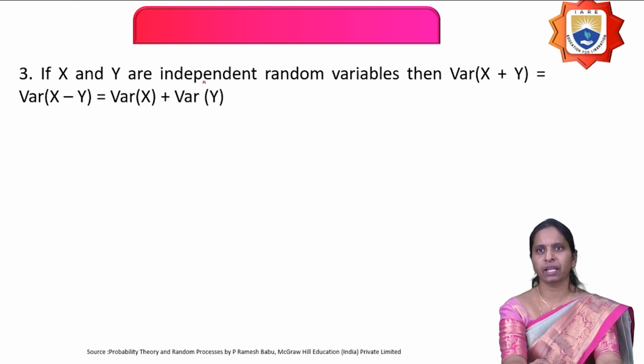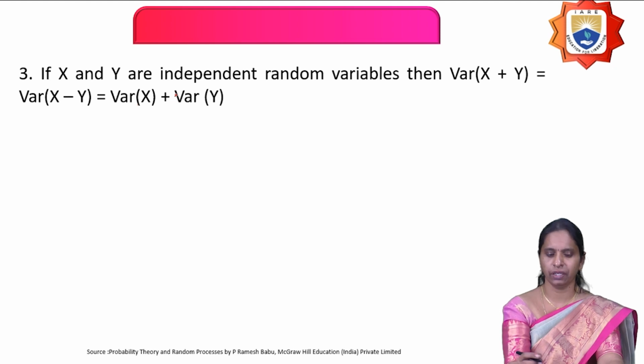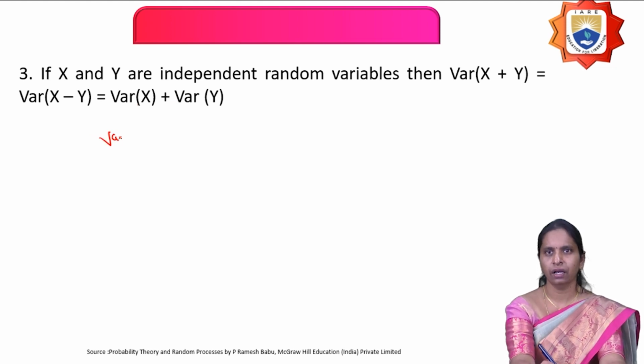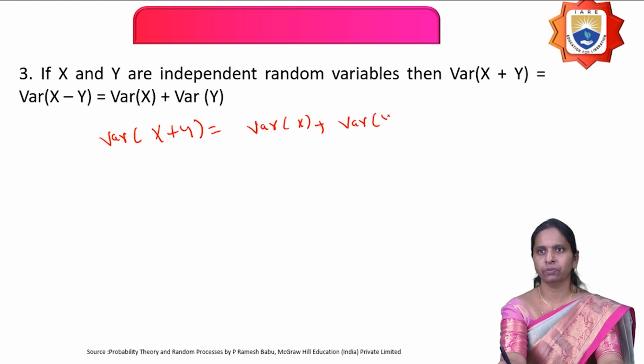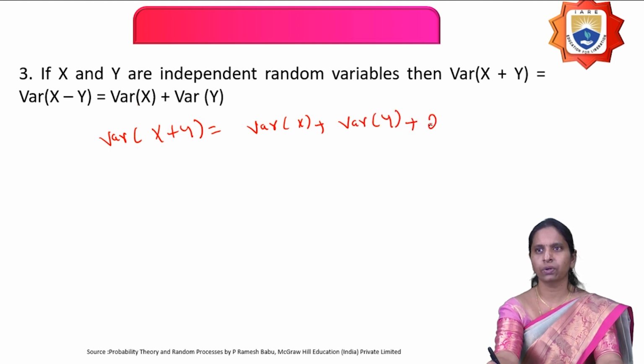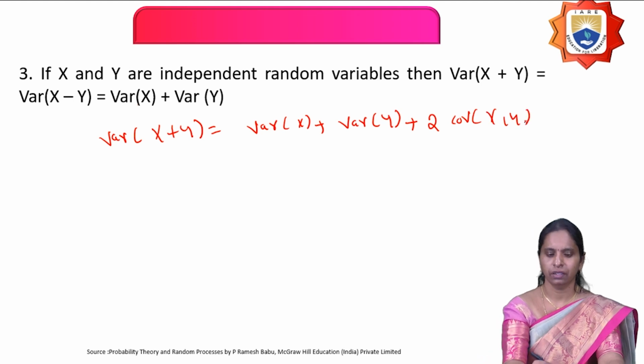If x and y are independent random variables, then variance of x plus y is equal to variance of x minus y, which is equal to variance of x plus variance of y. Previously we saw the variance of the sum of two random variables: variance of x plus variance of y plus 2 into covariance of x comma y.